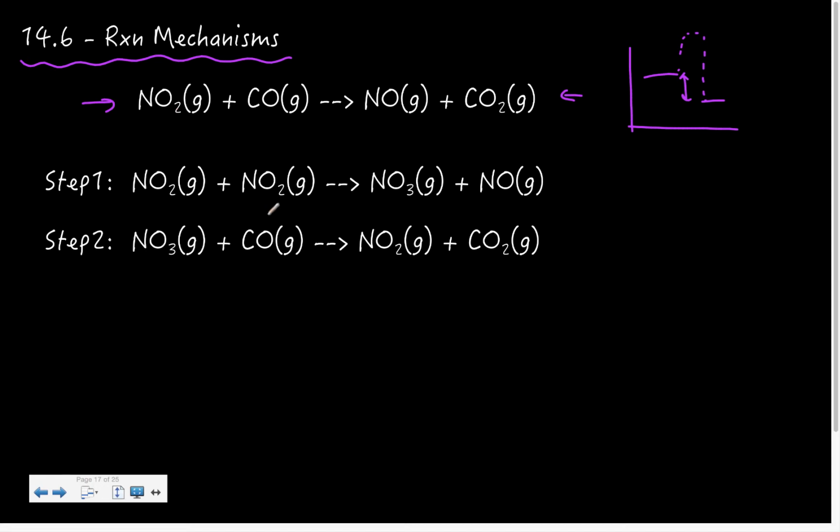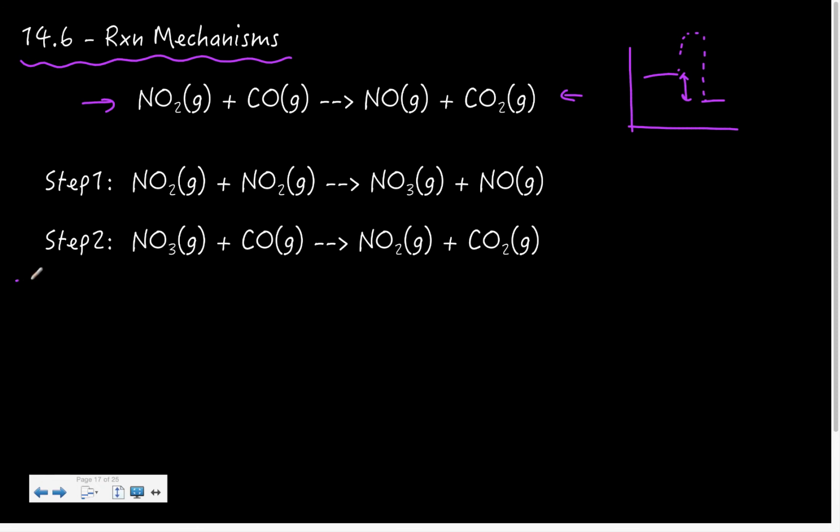For this reaction, as best as it is understood right now, we know that there are two steps. In step 1, an NO2 collides with an NO2, producing NO3 and NO. Subsequently, that NO3 reacts with a CO. These two collide, producing an NO2 and a CO2.